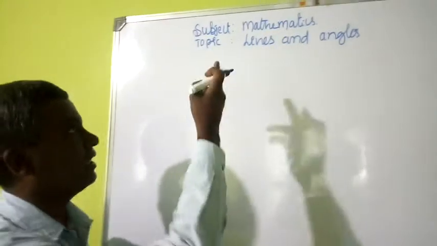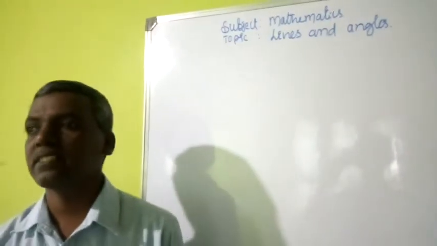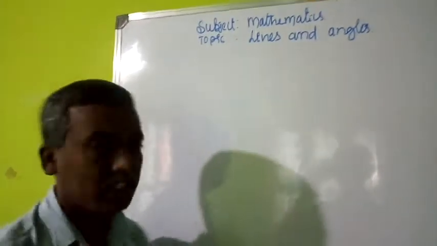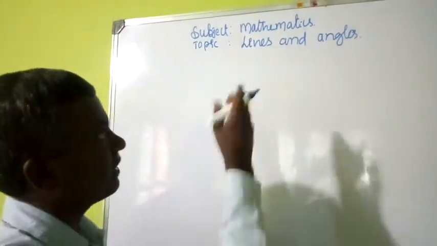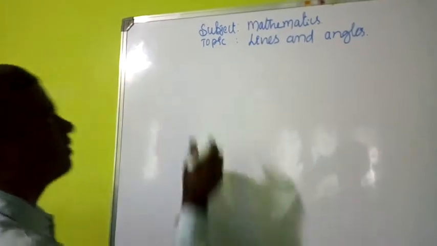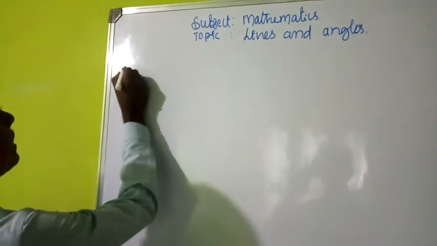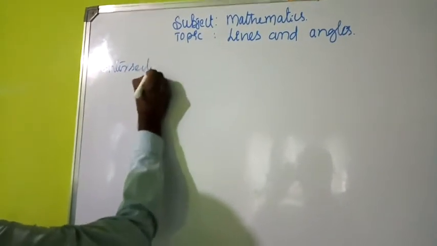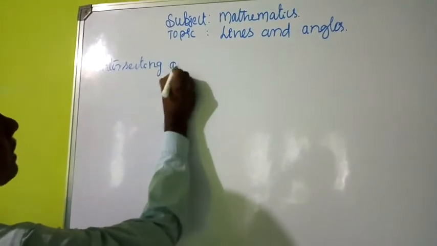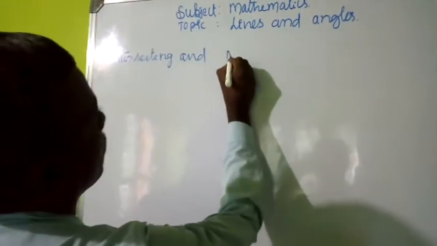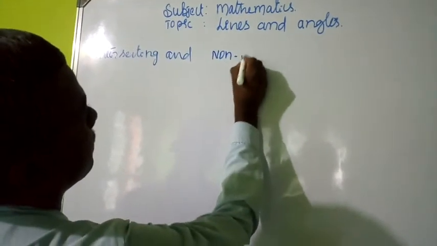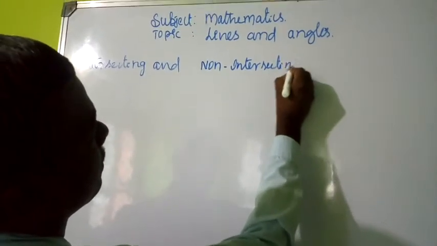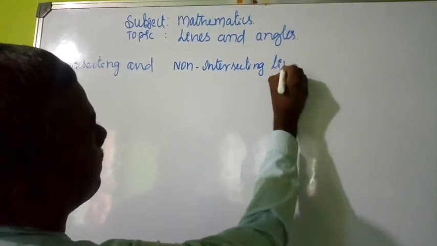Now you are all watching 9th standard mathematics. In this, we already started the lesson lines and angles. In this class, we are going to study about intersecting and non-intersecting lines.